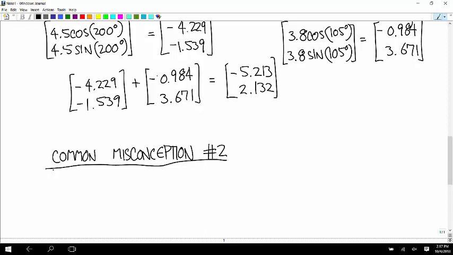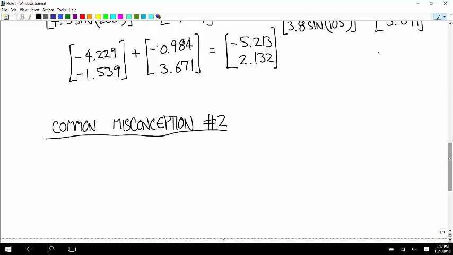I'll try to connect it to the, yes. No, everyone leaves. Common misconception number 1, yes, that's right, a while ago. We're not going to have too many of these. Common misconception number 2.